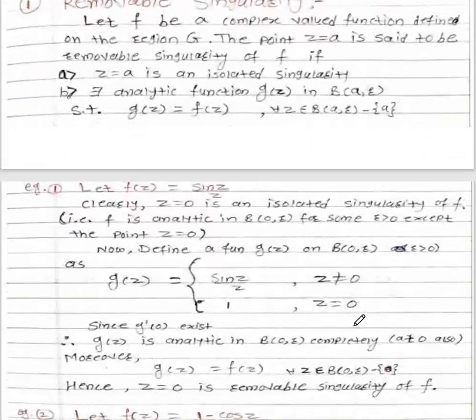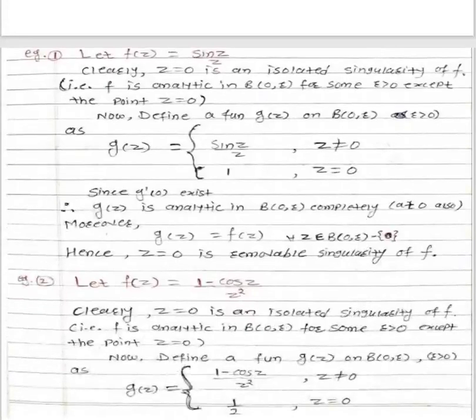What is the example? Let us see the example. Let f of z equal to sin z upon z. If you observe here, if you put z equal to 0, which gives the singularity, and which is an isolated singularity of f. That is, f is analytic in an open circle for some r greater than 0 except the point z equal to 0. Now let us define a function g of z on an open circle with center 0 and radius r. g of z equal to sin z upon z when z is not equal to 0.